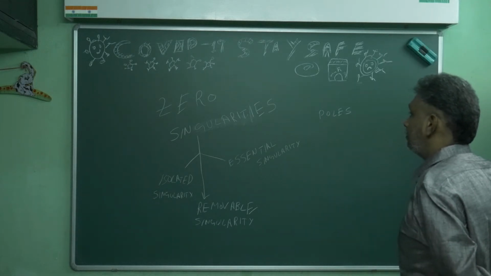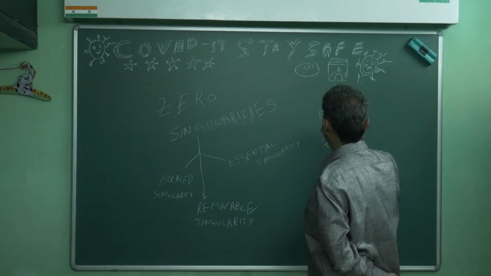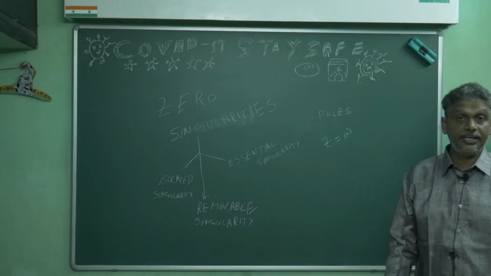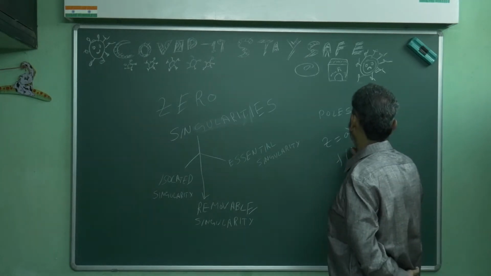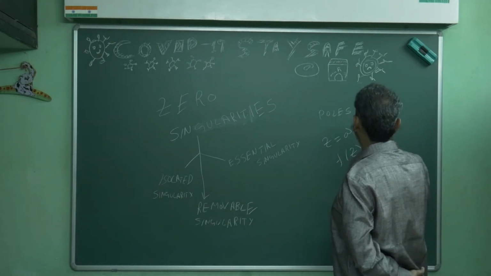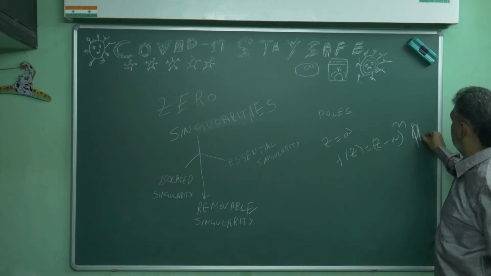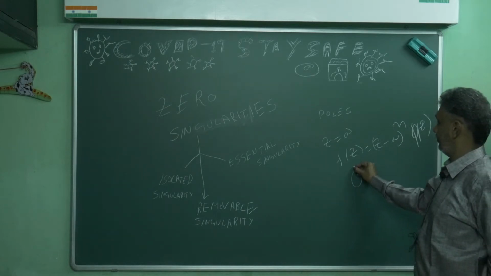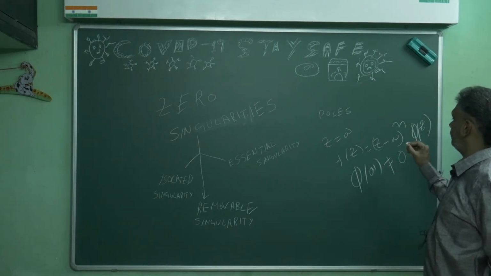First, the fundamental theorem of algebra. Suppose z equal to a is a zero of order n of f of z. Then I can write f of z is equal to (z minus a) to the power n times phi of z, where phi of a is not equal to 0.